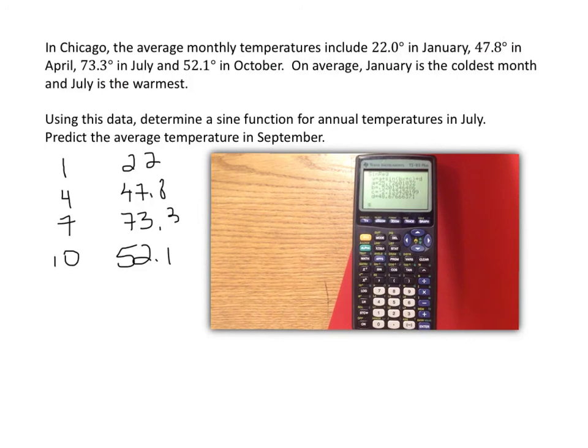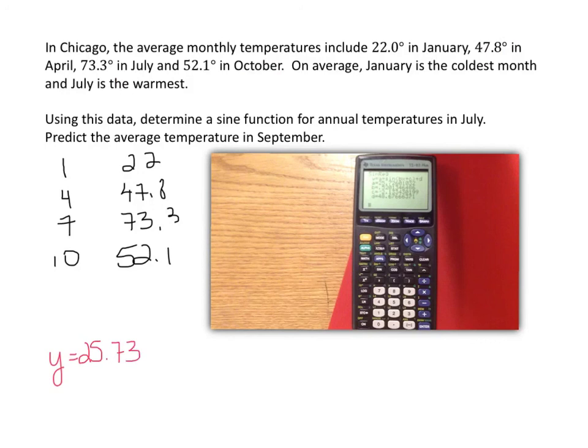What I have to do from this point forward is actually write it out as an equation. So the way I write that will be y is equal to a times the sine of bx. There's a, and that gives me a value for a. So here a is 25.73.